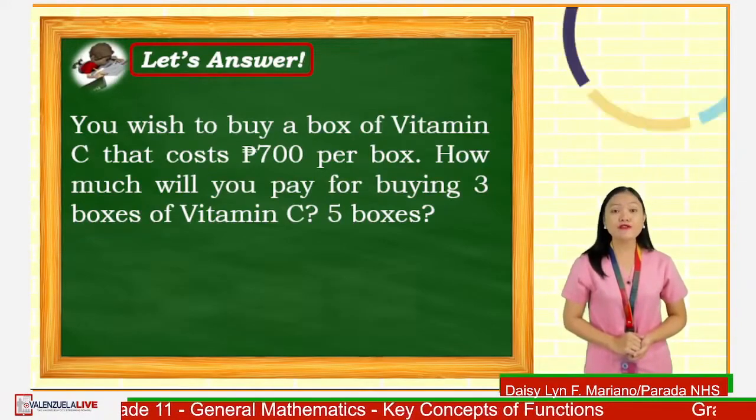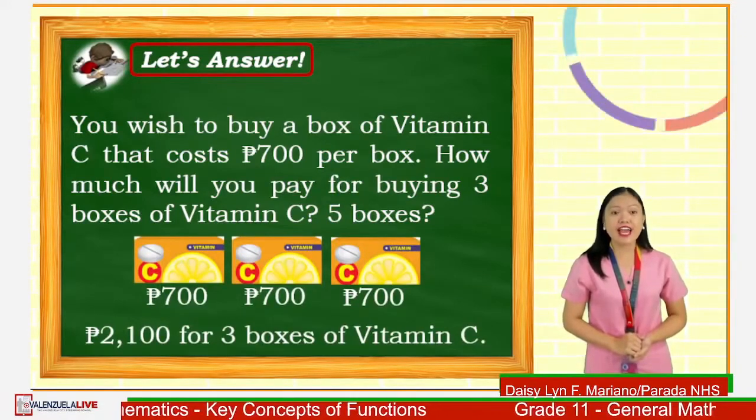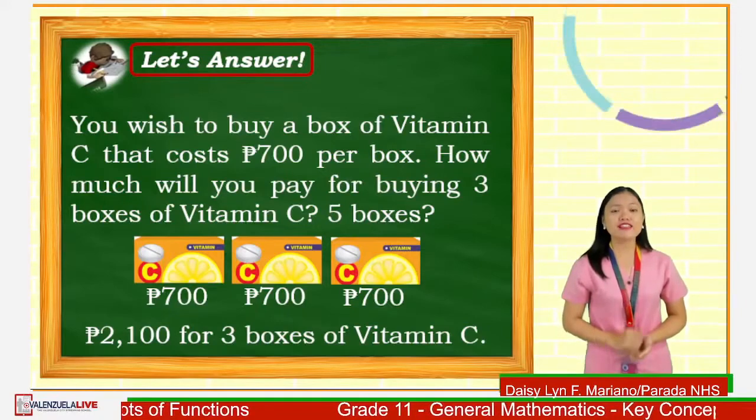Time's up. If you answered 2,100 for 3 boxes and 3,500 for 5 boxes of vitamin C, then you are correct.